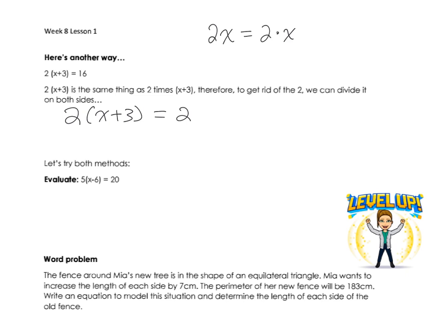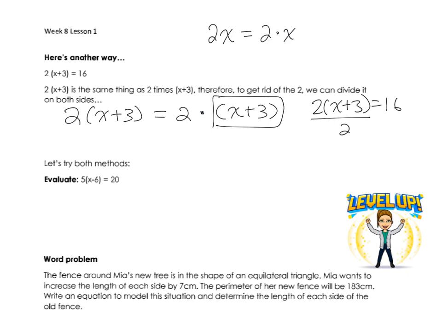It's the same thing as 2 multiplied by x plus 3. So how do we get rid of the 2? If it's getting multiplied to this term, we're going to divide it out to get rid of it. So if we have 2(x + 3) is equal to 16, and I divide by 2 on both sides, I end up canceling the number in front of the brackets.